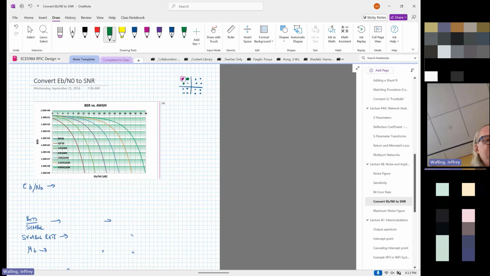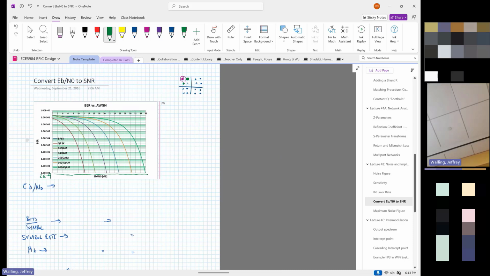For instance, this one doesn't quite go far enough because it's only going to 1e to the minus 9. So our curve for 2e to the minus 9 is somewhere right below here. But remember, we just said Wi-Fi needs 2e to the minus 9 bit error rate. Now, what modulation standard does 802.11ax use?